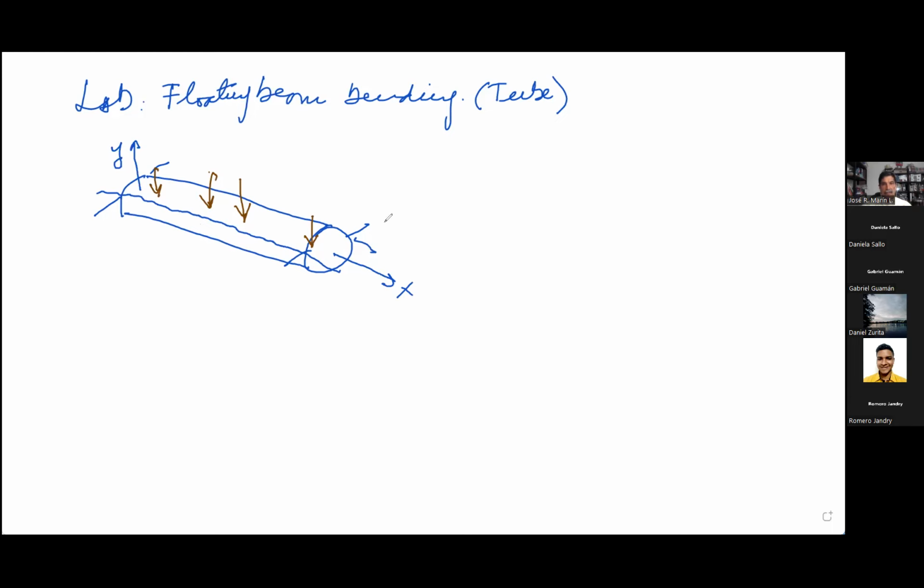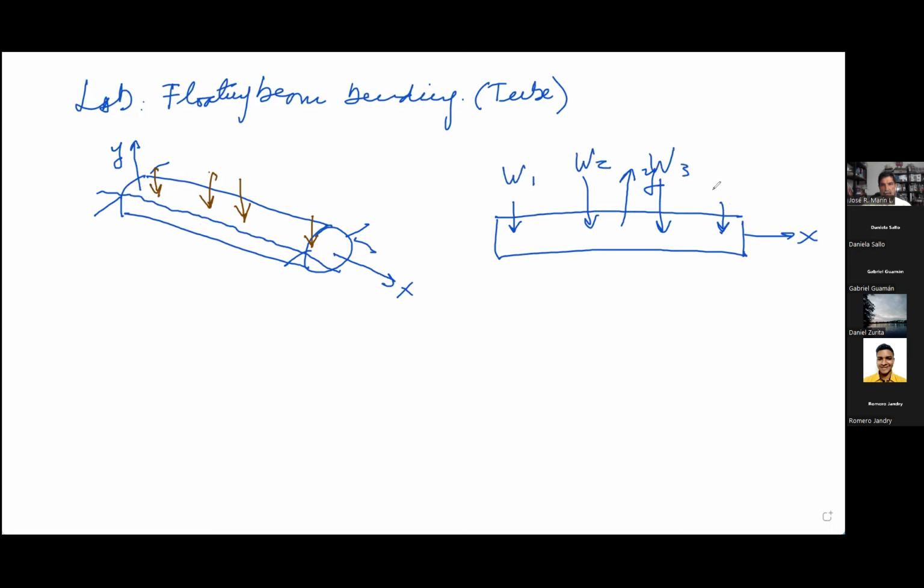Now we see on the side, this is X and this is Y. We're going to have one force here, two here, and one here. So I have W1, W2, W3, and W4.